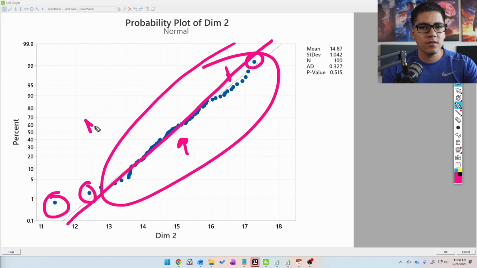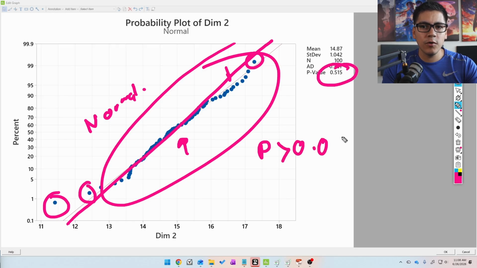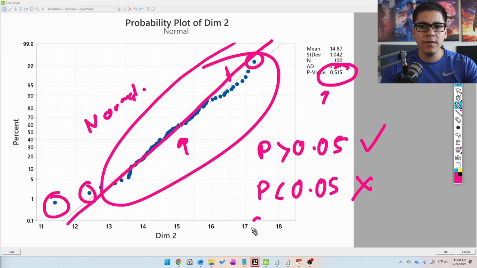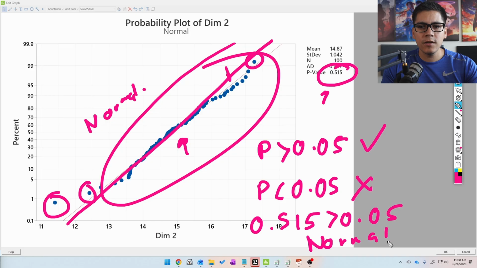So visually, I could state that the data is actually normal. I could confirm it with my p-value. If it is above 0.05, then the data is normal. If it is below 0.05, then the data is not normal. In this scenario, my value is 0.515, which is above 0.05, so my data is actually normal.